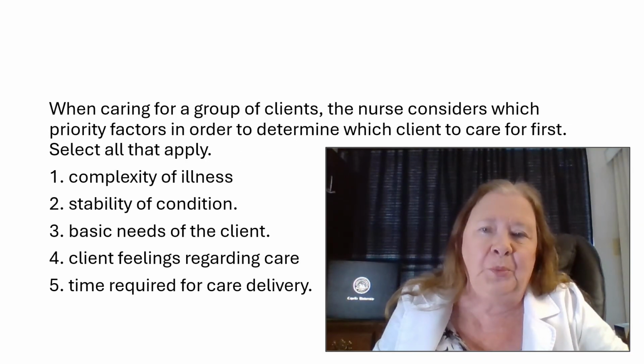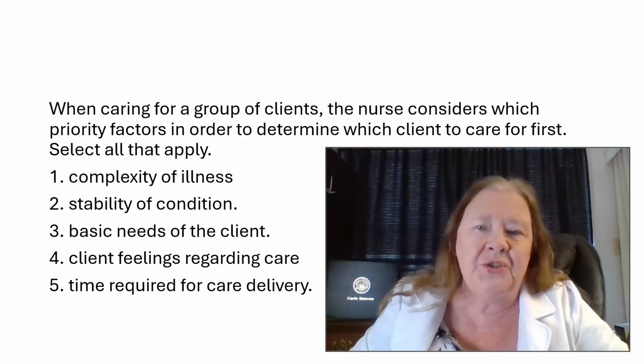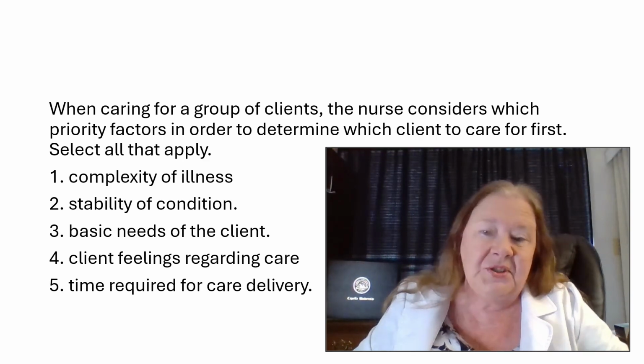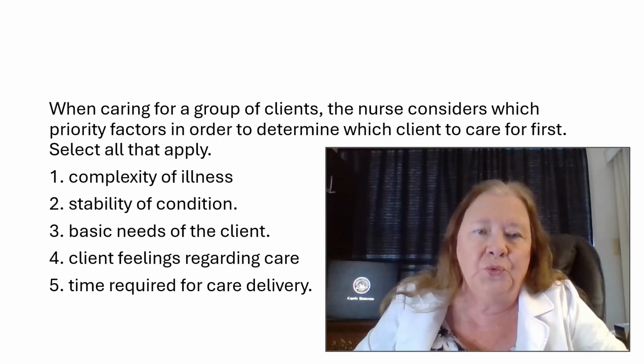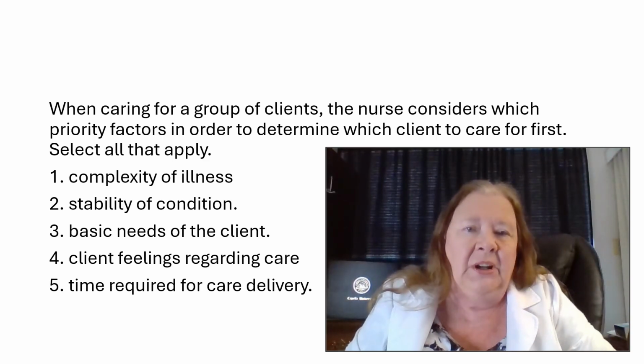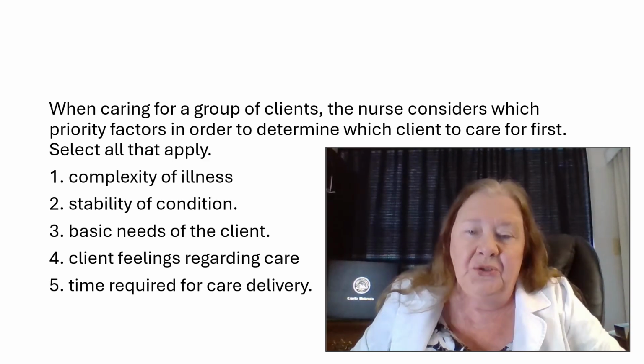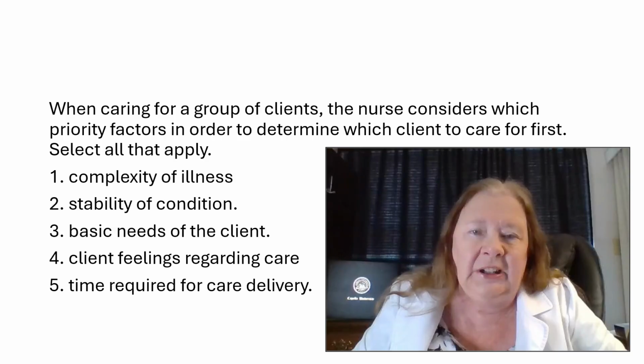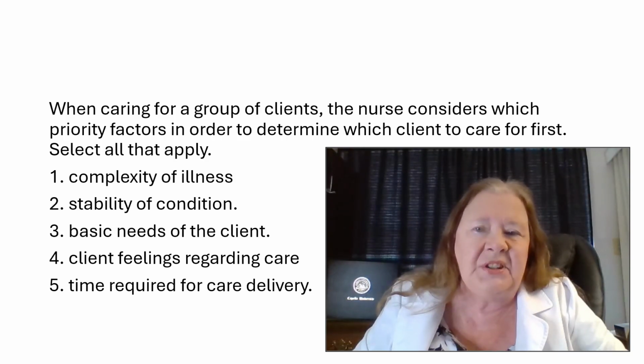When caring for a group of clients, the nurse considers which priority factors in order to determine which client to care for first. So these aren't specific patient scenarios. These are just general rules for how to decide your triage and which client you should care for first. Select all that apply.